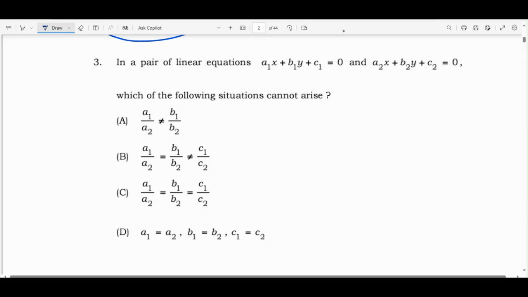The next one: in a pair of linear equations a1x plus b1y plus c1 equals 0 and a2x plus b2y plus c2 equals 0, which of the following situations cannot arise? We know this is for intersecting lines, the condition for intersecting lines, which gives exactly one solution.